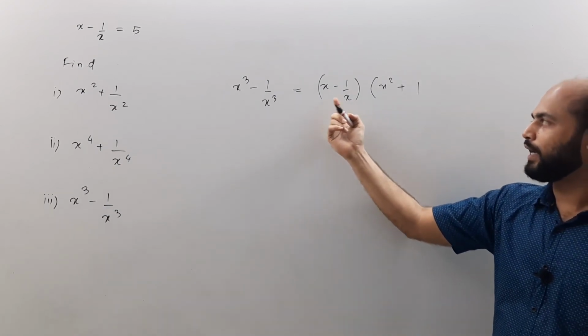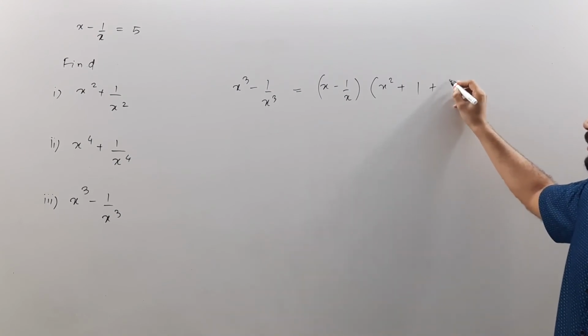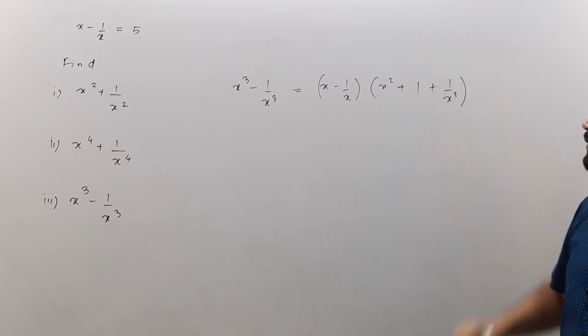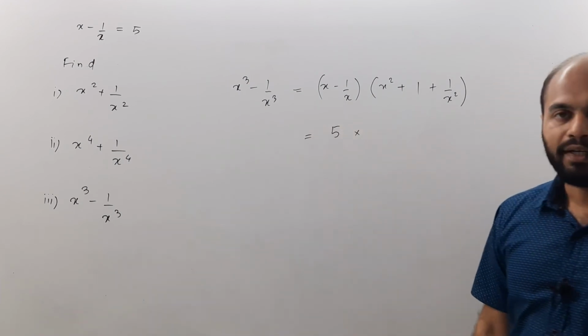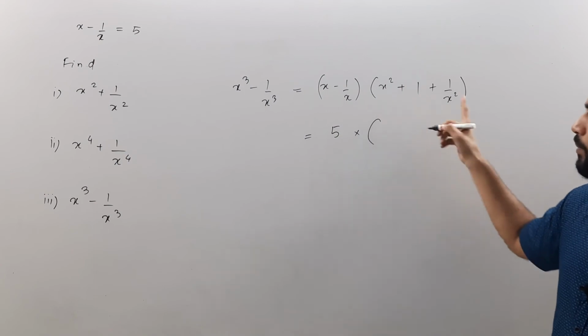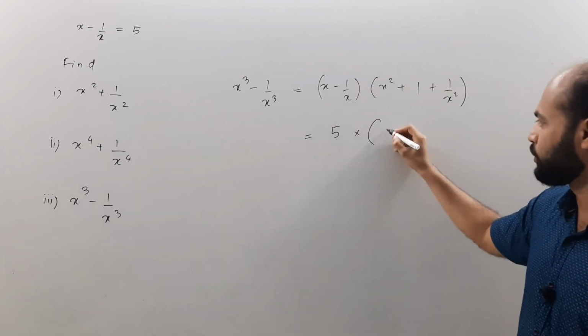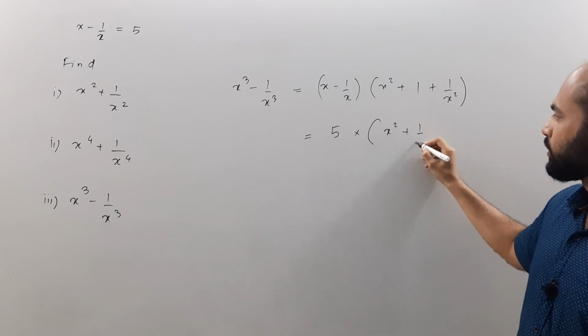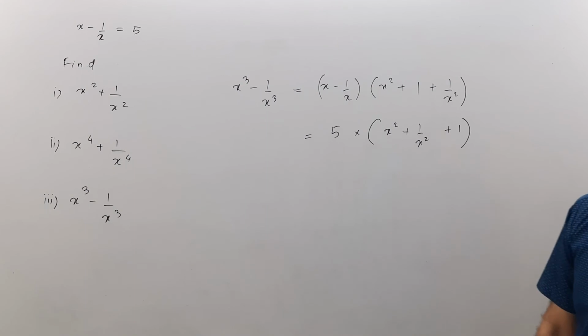If I multiply a into b, I will get this as 1 plus 1 by x square. So x minus 1 by x is there with us, that is 5, into this would be x square plus 1 by x square, which we already found in the first expression. So x square plus 1 by x square is known to us, plus 1.